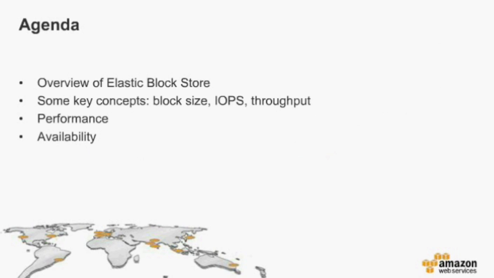And we'll talk through block sizes and IOPS and throughput and how to make sure that what you provision on top of Amazon is able to meet the needs of your application. And we'll go through an even more detailed view at some performance and availability tunings that you can do to ensure that your application goes as fast as you like and never stops going fast.